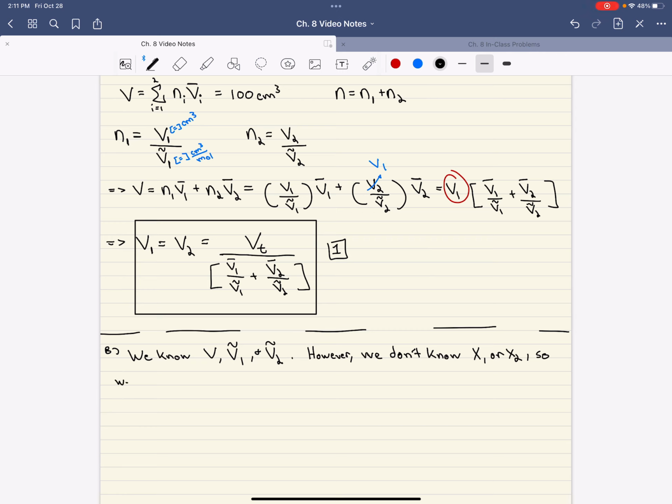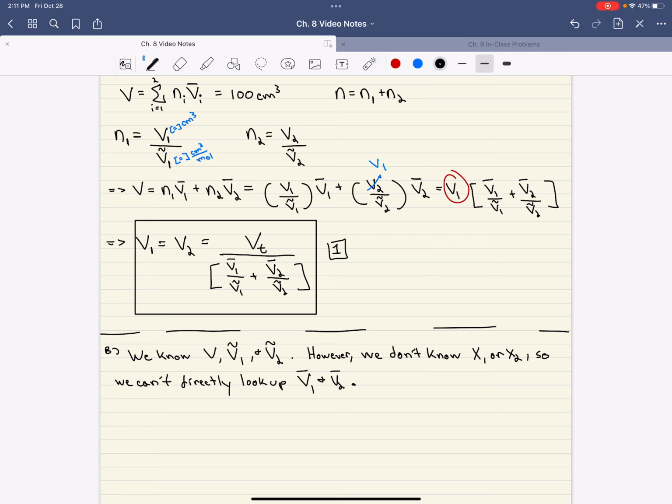Consequently, we can't just directly read off our V bar values. Look up V1 and V2. Okay? All right, so we don't know the X1 or X2 values ahead of time.